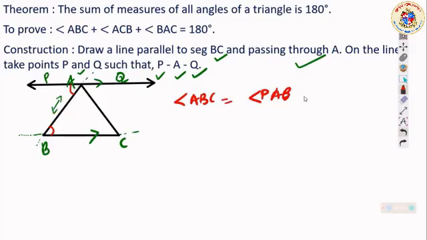Because they are alternate angles. Why alternate angles? PQ is parallel to BC and these are alternate angles. AB is the transversal here.